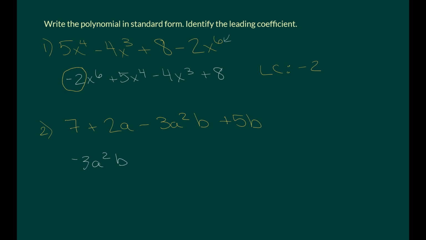So then we've got plus 2a, and then we're out of a's, but we do have a b, so 5b, and then we have a constant. Your constants are always going to be at the end. So we go alphabetically from highest to lowest, and then your constants are always at the end. So your leading coefficient in this case would be a negative 3, so you just write that.